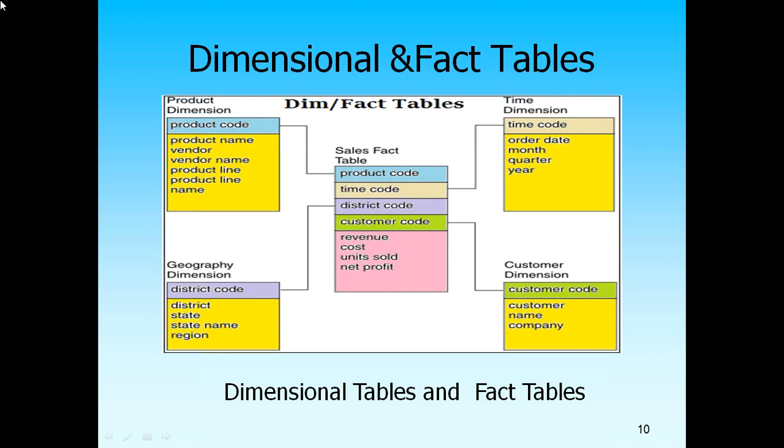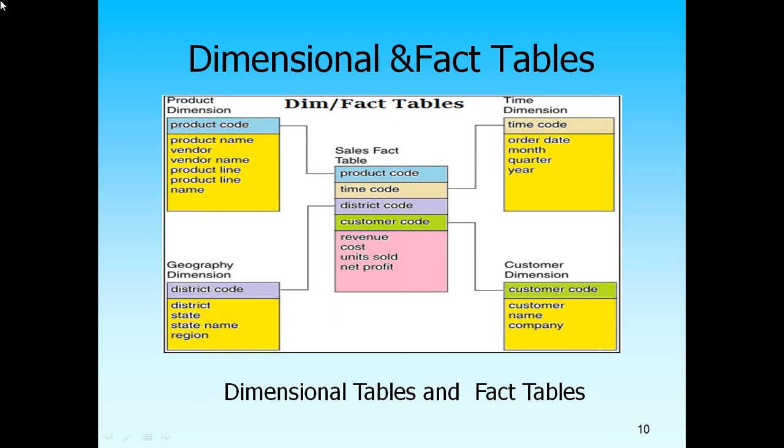When we talk about the fact, all the dimension keys from the dimensions will be loaded into the fact with the appropriate measures. Product code is the primary key of the product dimension, so the same product code was loaded into the fact table in blue color. Similarly, time code from the time dimension, customer code from the customer dimension, and district code from the geography dimension. These are the keys from the dimensions.